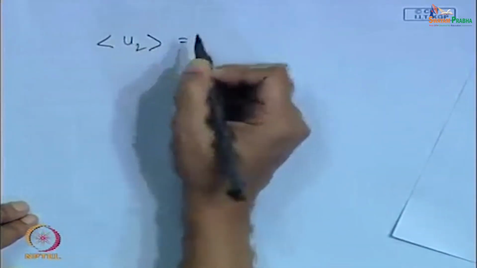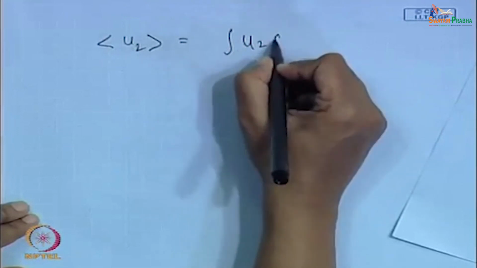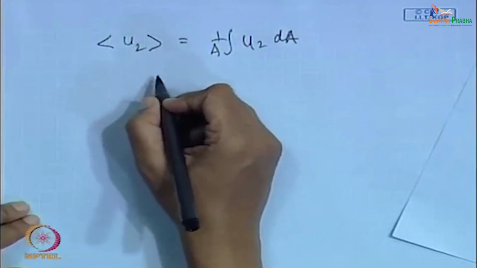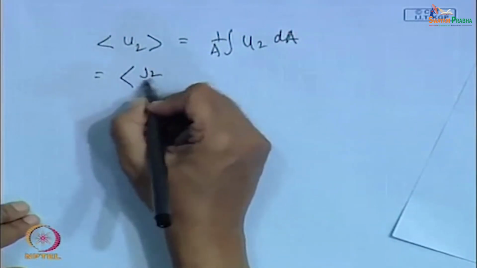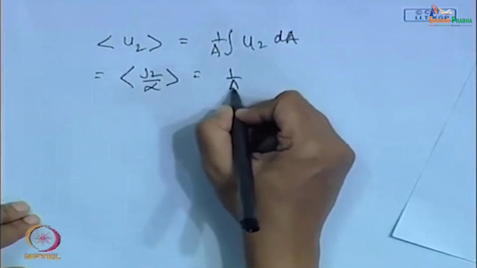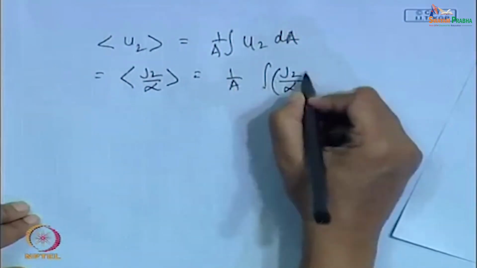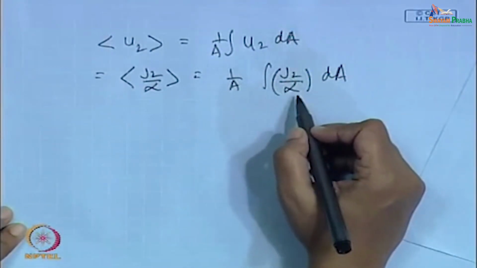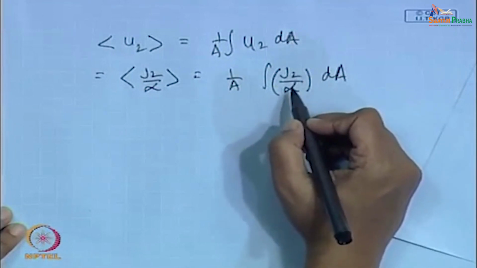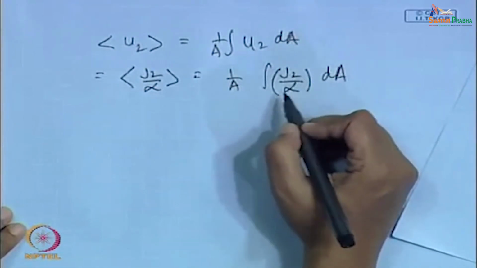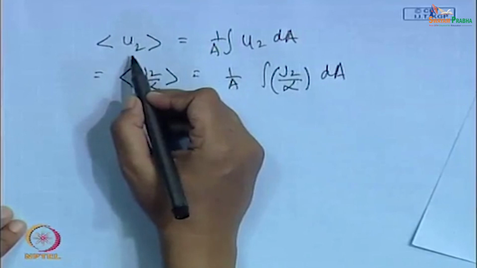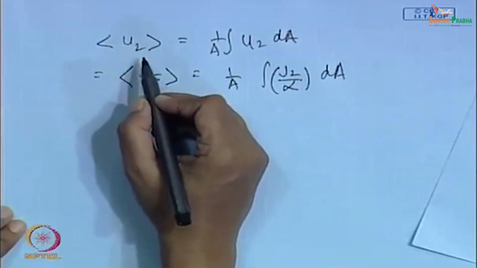This means integral U2 dA times 1 by A. In other words, if this is equal to J2 by alpha, this means 1 by A integral J2 by alpha dA. That means for each particular point you measure J2, you measure alpha, you divide the two, get the quotient, and then that quotient you integrate over the entire cross sectional area divided by the area, that gives you the weighted mean average velocity.